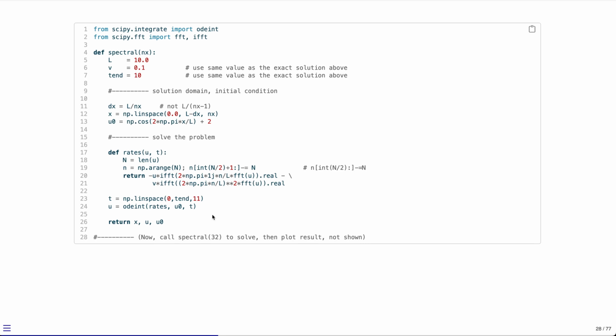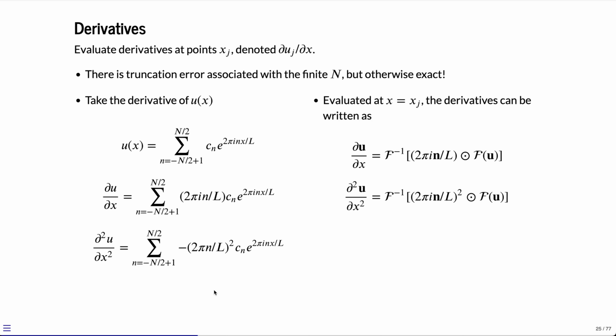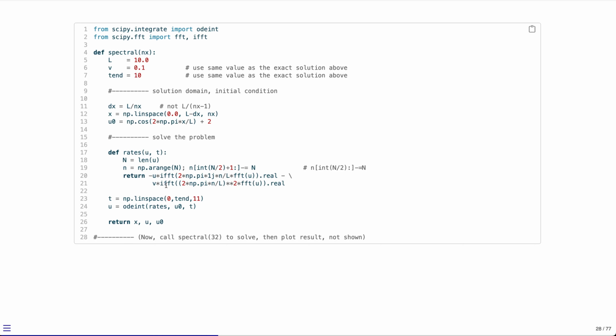Okay, so let's look at it. Minus u times the IFFT of 2 pi i n over L times the FFT of u, and then we take the IFFT of that times u.